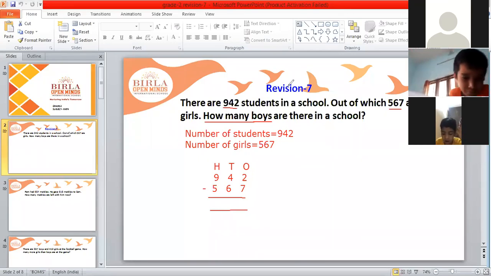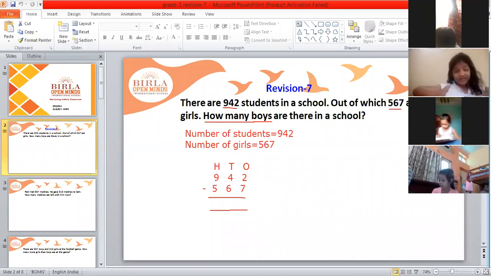Now we have to subtract 567 from 942. Tanishka, is it possible to take away 7 from 2? No, ma'am. What will we do? We should borrow from 4.